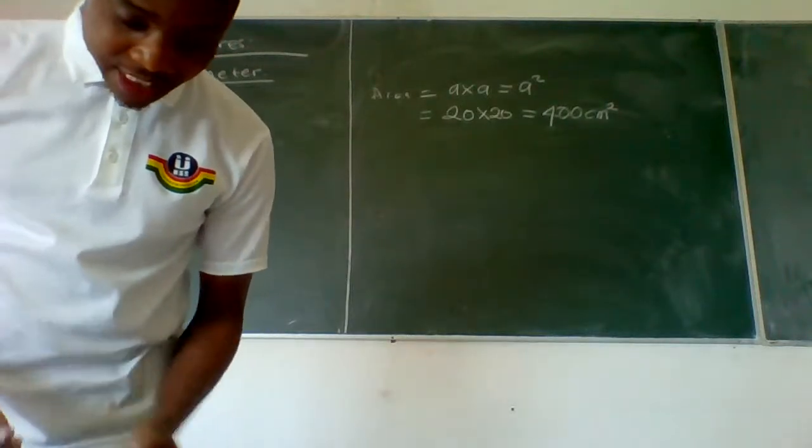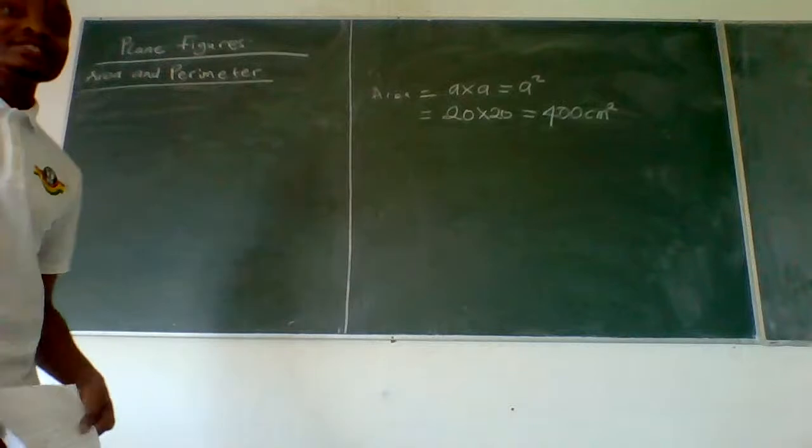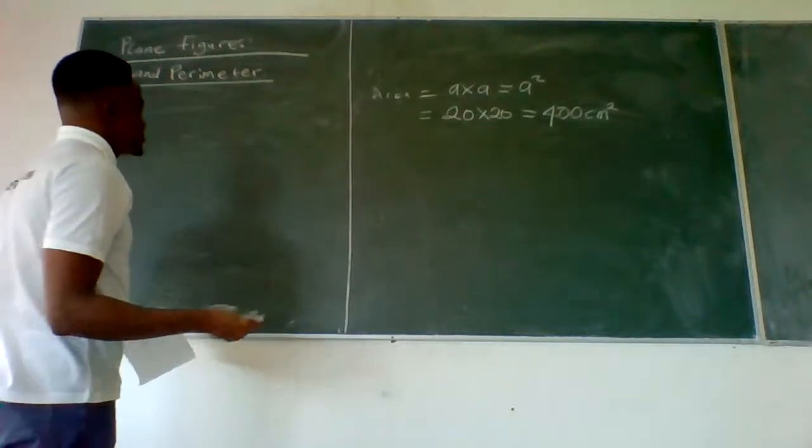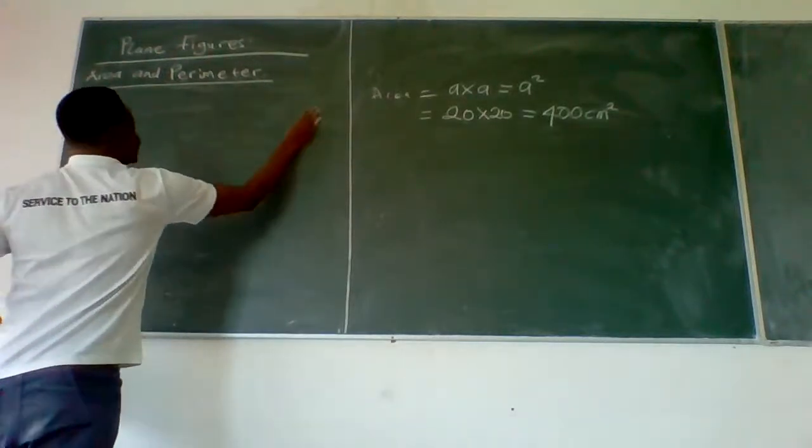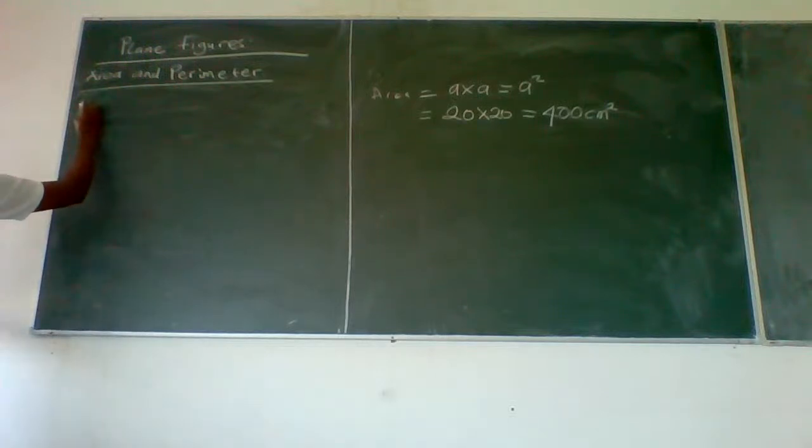Okay. So let's assume that your mom's land is rectangular in shape. It's rectangular in shape. So we have examples.